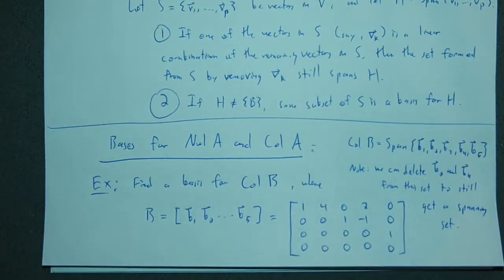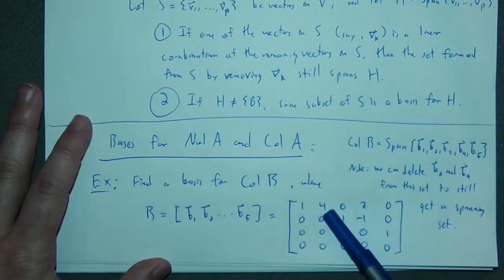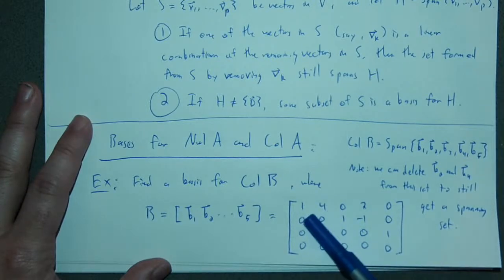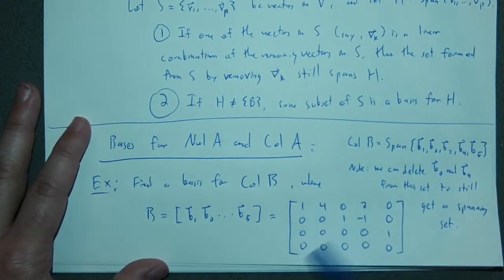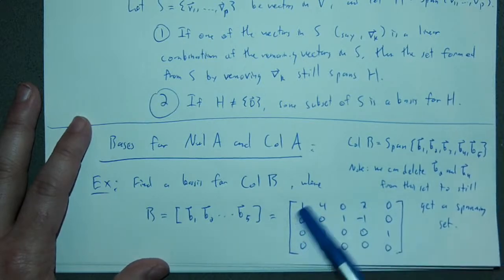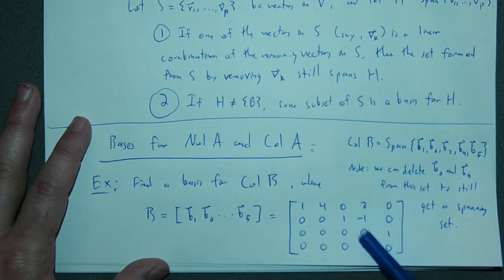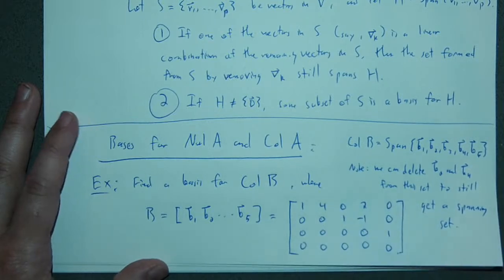Okay. Why B2 and B4? Again, B2 is a linear combination of B1 and then 0 plus the rest. It's 4 times B1, right? So B2 is 4 times B1. And B4 is 2 times B1 minus B3. Okay.